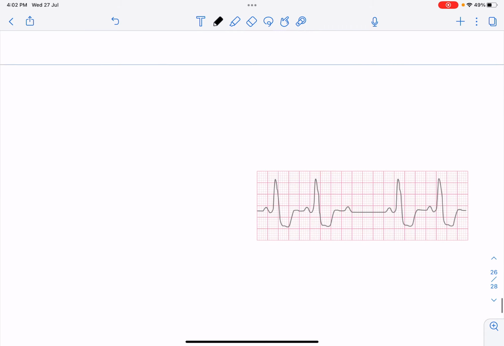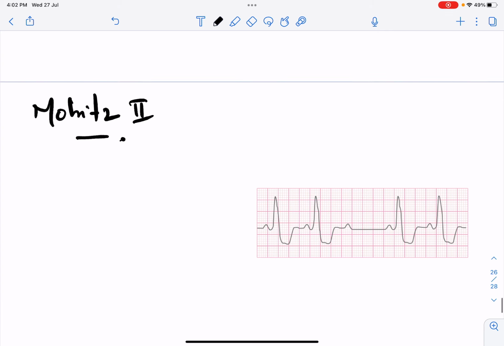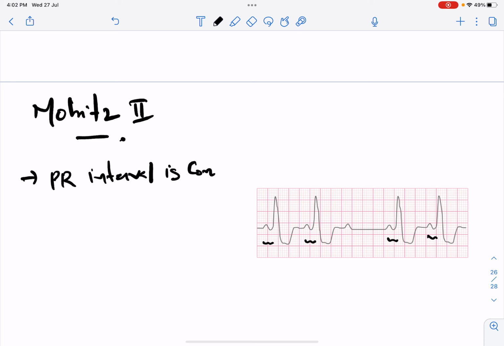Moving on to Mobitz type 2. In Mobitz type 2, the PR interval remains constant. You can see the PR interval is the same. Okay, the PR interval is constant. So what happens is there will be intermittent non-conducted P waves.